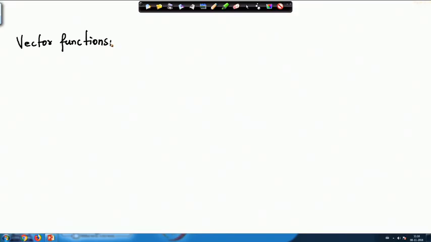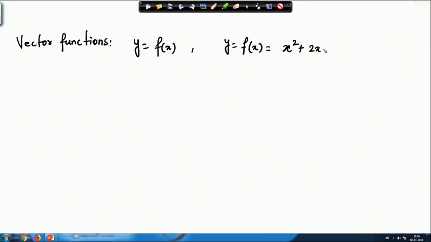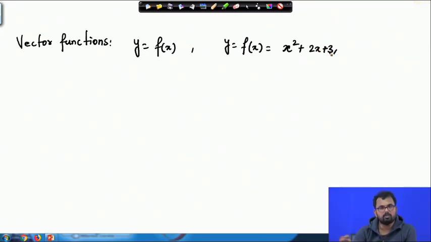So, what do we mean by vector functions? Usually the function of a scalar variable, or scalar function, is written as y equals f of x, where x is the independent variable and y is the dependent variable. Possible examples could be y equals f of x equals x square plus 2x plus 3, or f of x equals sin x or exponential x, any such functions which we have learned.